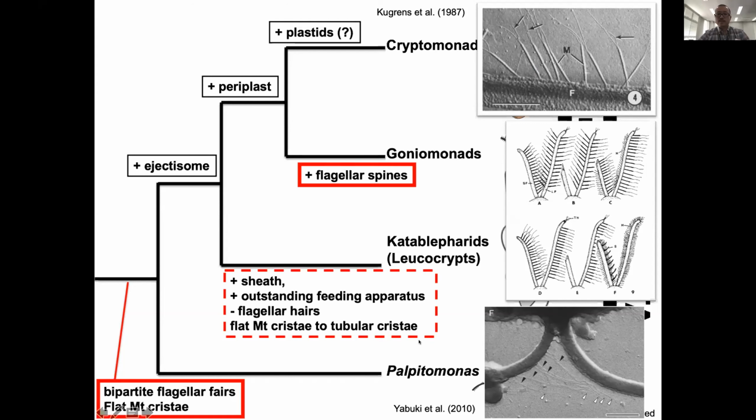Since Palpitomonas and cryptomonads have similar flagellar hairs, this characteristic was acquired at their common ancestor. So I want to say the early evolution of Cryptista is understood well compared to other eukaryotic subgroups.